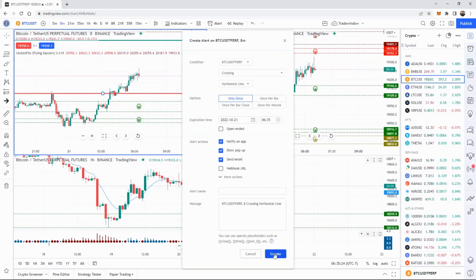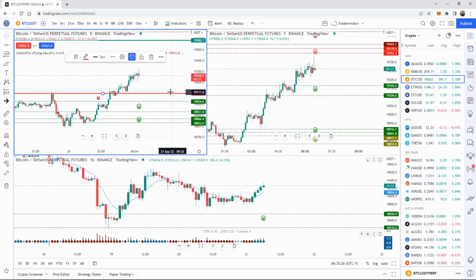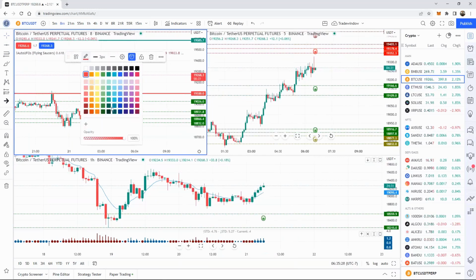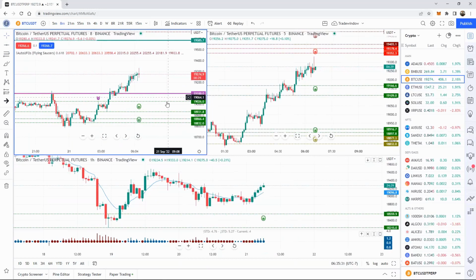So that way it tells us if this comes close here, and I don't like it to be red. The reason why I want to get an alert is I want to see how close this will be with the moving average. So let's say this just goes a little sideways like that, and then it finally decides to come down.